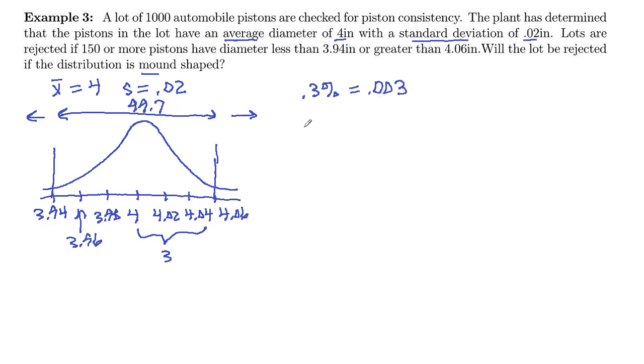And so we're going to take that 0.003 and multiply it by the 1,000, which is just going to move the decimal 3 places. So this tells us that there are 3 pistons that are in the range past 4.06 or below 3.94, if we know the data is mound-shaped.